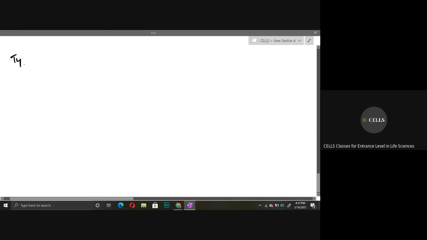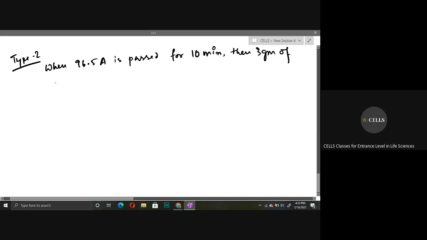Type 2. Suppose when 96.5 ampere current is passed for 10 minutes, then 3 gram of a bivalent substance is deposited.